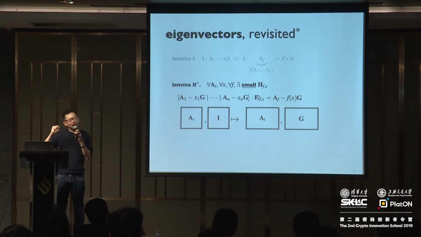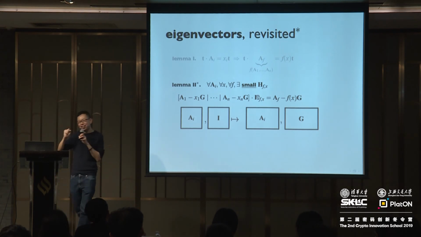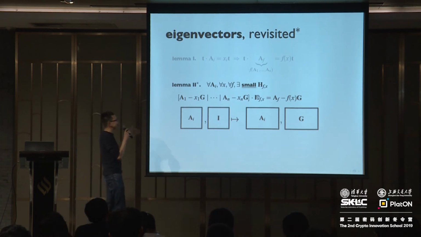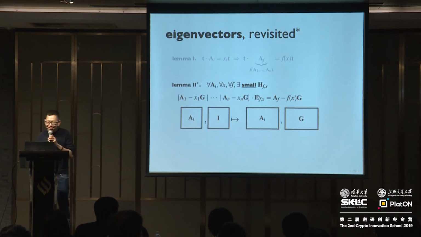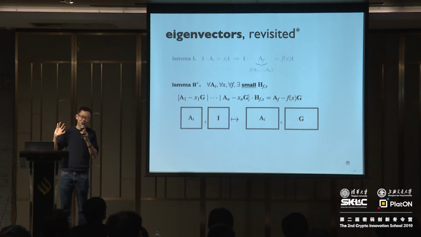Small objects have the property that small times small is small. So a small H has a guarantee that small times H is still small, whereas a big H doesn't have the guarantee. If nothing else, hopefully you can remember the statement of this lemma, which underlies most of the advanced cryptographic constructions of the past decades.